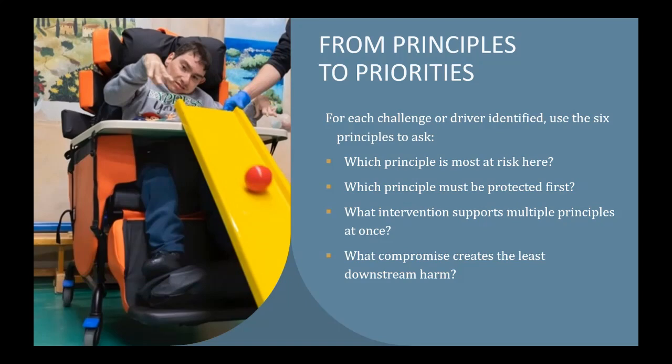It can help us focus on what is most important, what's most at risk, where are those risk factors, and what needs to be protected first, I guess. So what we can ask for each of those challenges, each of those drivers, is which principle is most at risk, what do we need to protect, and then what interventions will support multiple principles at once.